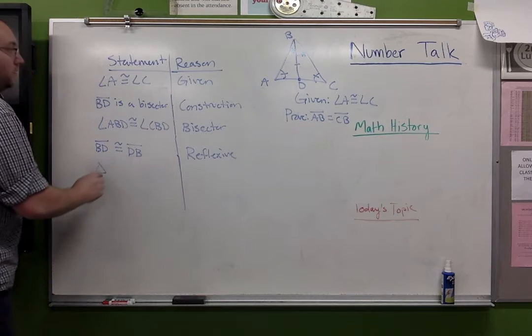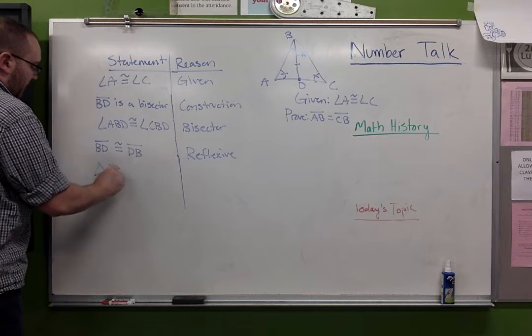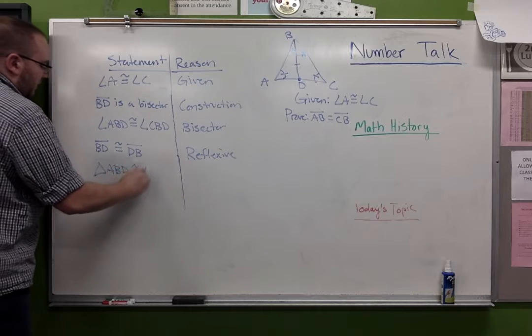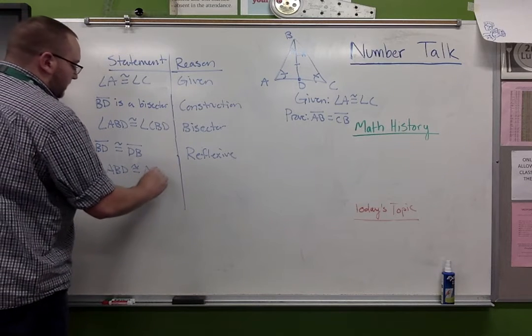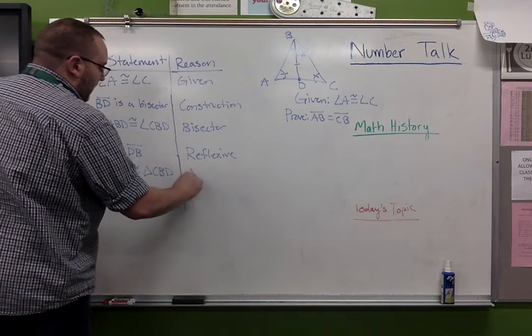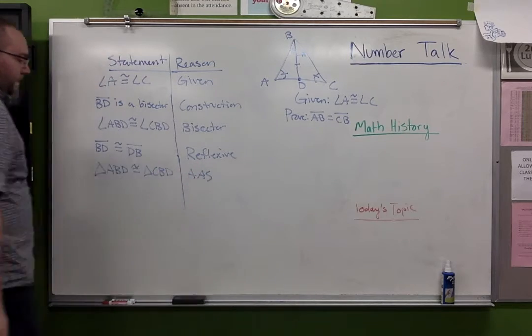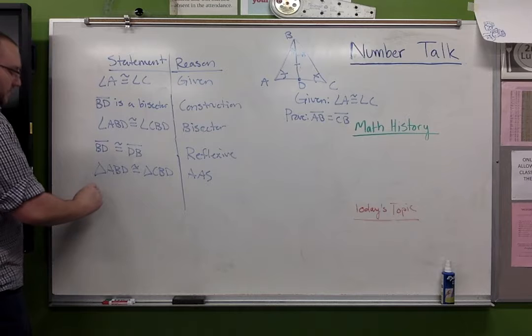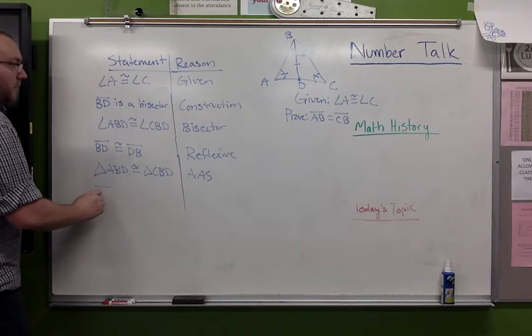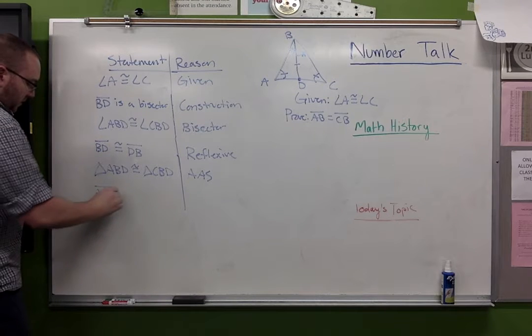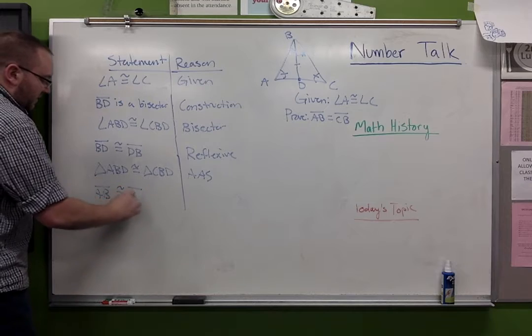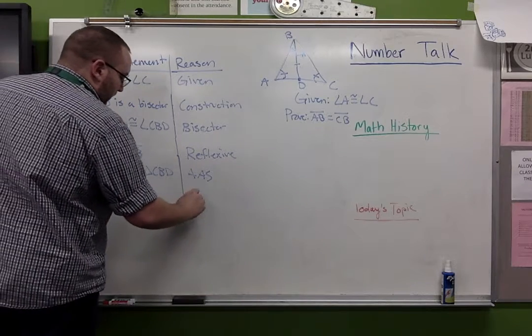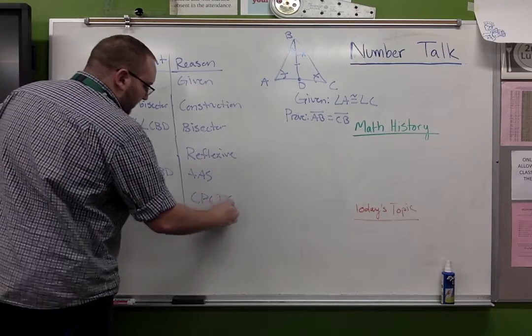So triangle ABD is congruent to triangle CBD by angle, angle, side, and thus side AB is congruent to side CB by CPCTC, and we're done.